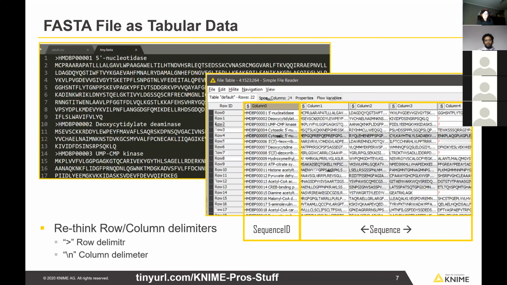The first column will always contain the sequence ID, because we are thinking a row whenever we see greater than, and the others will come up as multiple columns. But we need to format this so that it makes sense, because we need to combine all of them into one sequence, because one ID corresponds to a sequence.